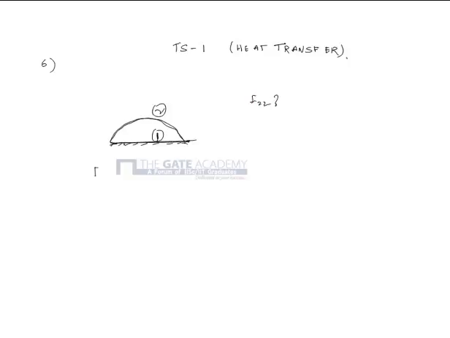So first of all, what is shape factor? Let's say Fij is the shape factor. What it means is the amount of heat radiated by surface i or body i that strikes surface j.